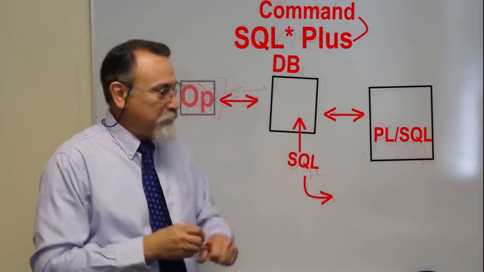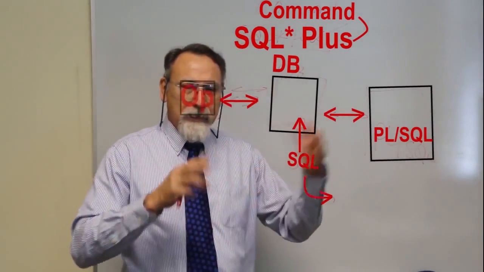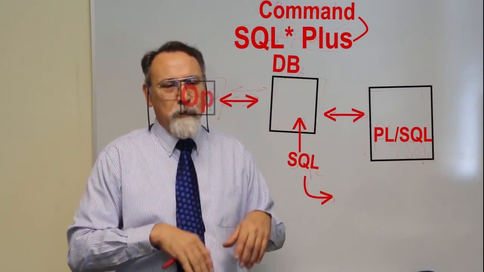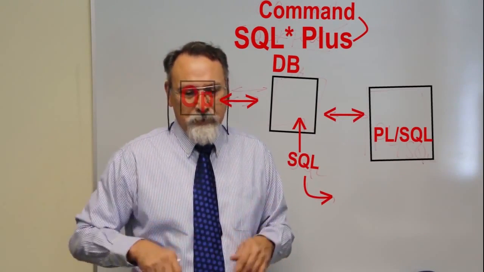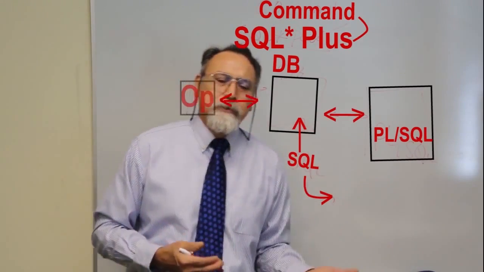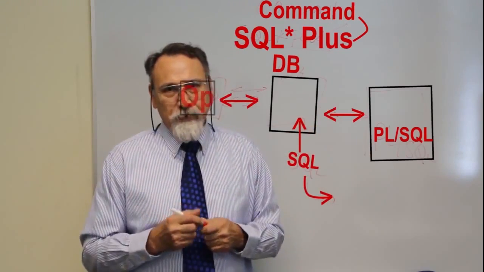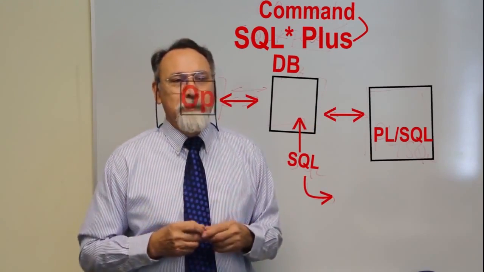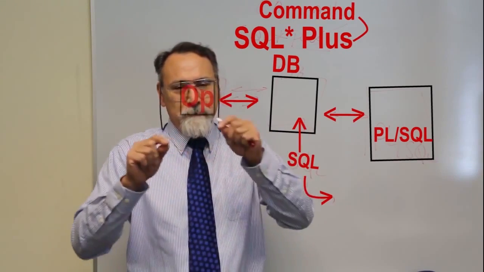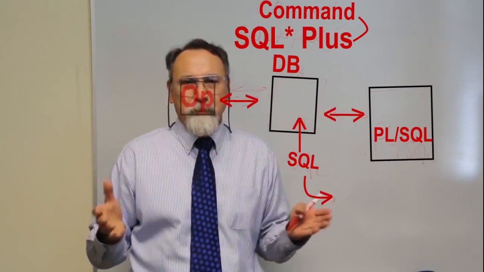Now, the problem with using the command line is that it's kind of a legacy issue, kind of archaic, where you have to type all the lines, and it does require a lot of keystroke entries. So what they've come up with is a GUI interface, and this GUI interface is really neat because instead of having to do select star from to get the data out, you click on a button and it shows it.